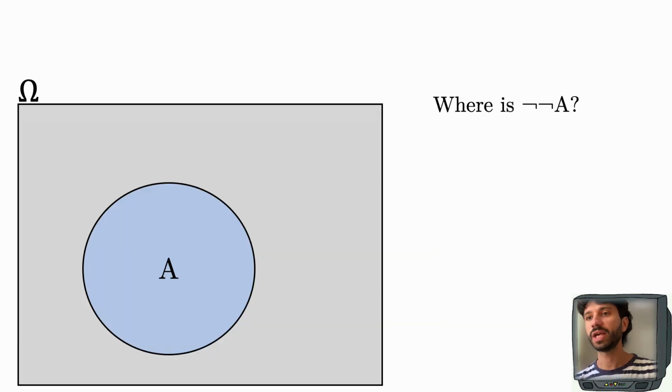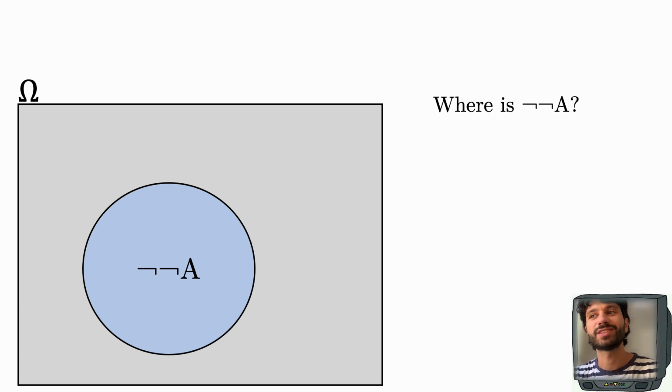Okay, so to represent this rule visually, let's ask ourselves, where is not not A? Why are we asking this? Well, because we saw that A and not not A are logically equivalent. So where is not not A in this graph? Well, it's just the same as A. It's the same in that it's true at the same time and false at the same time.